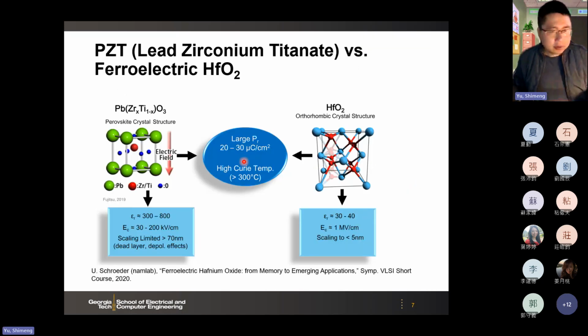Okay, so then let's have some more detailed discussion of the ferroelectric. So here, as I said, the old ferroelectric is based on the perovskite, which is typically PZT, a very complex system. Today's ferroelectric is on hafnium oxide, as I said, in the orthorhombic phase.